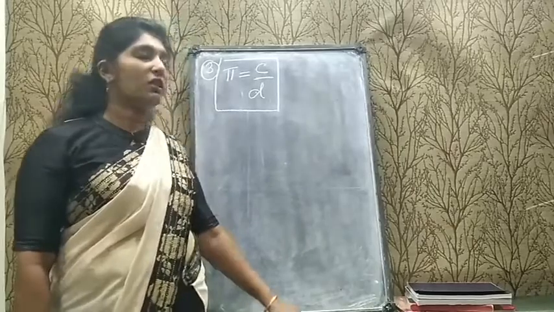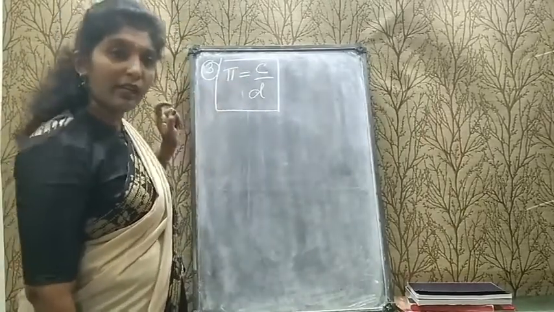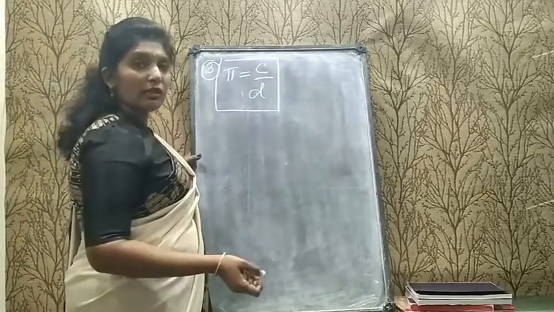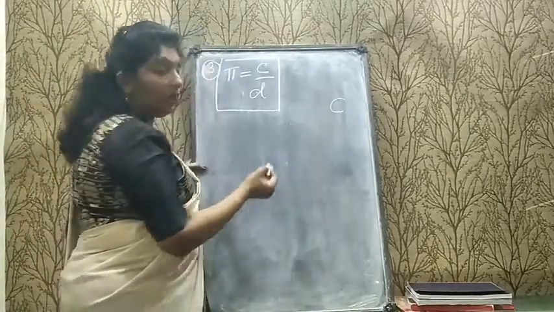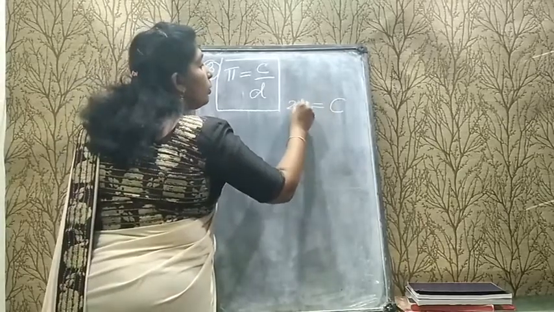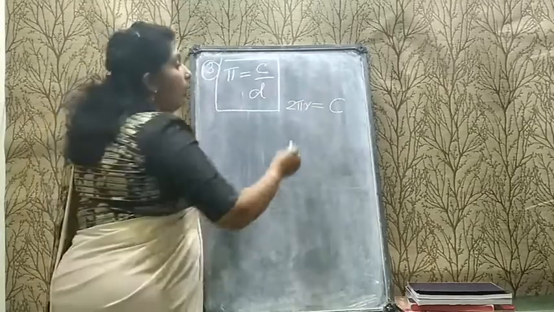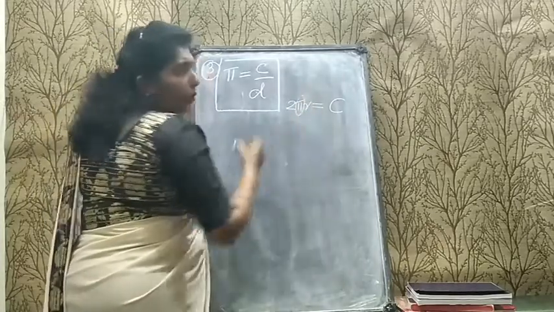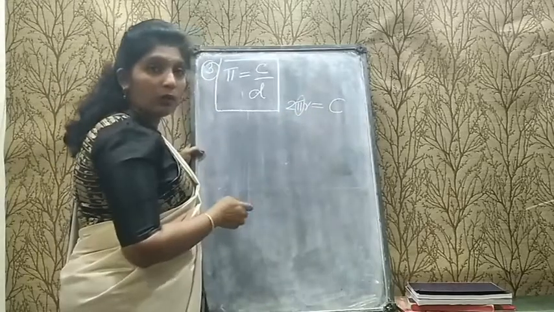Yes, students, in the question it is given that pi is equal to C by D. From where did it come? In lower classes, you already learned that the circumference of a circle is equal to 2 pi r. Now, pi, let it be here only. This 2r you have to bring down.